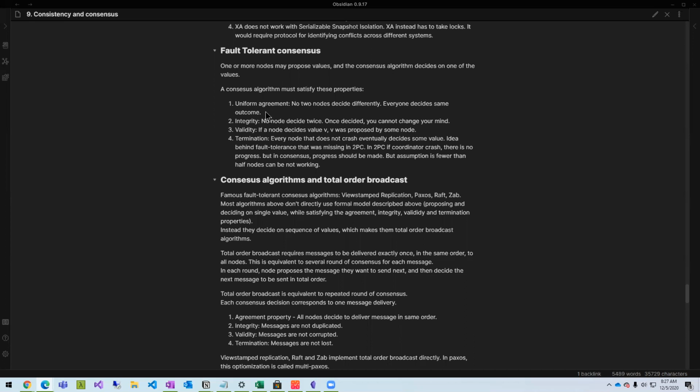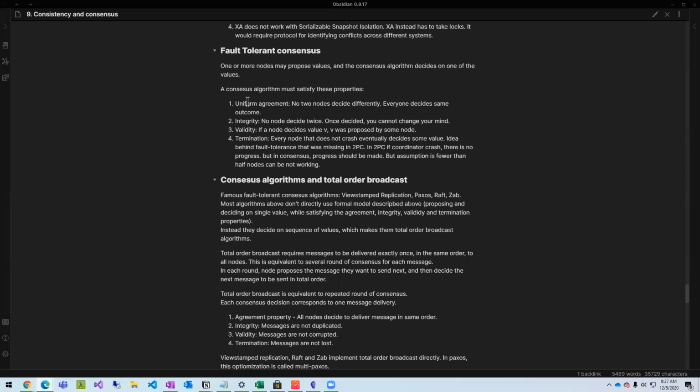These four properties are uniform agreement, integrity, validity, and termination. So, one by one, uniform agreement means that no two nodes decide differently. Everyone decides the same outcome, right? This is basically the meaning of consensus, that overall the system should decide one outcome.